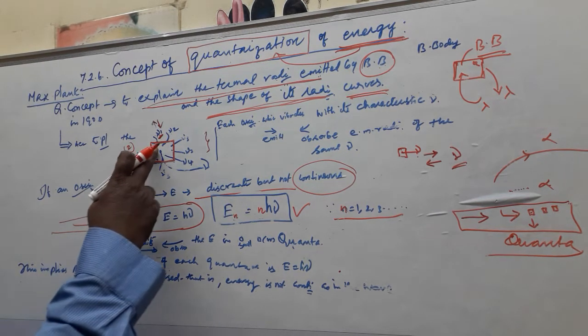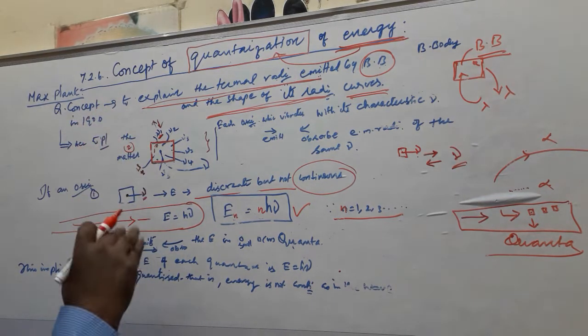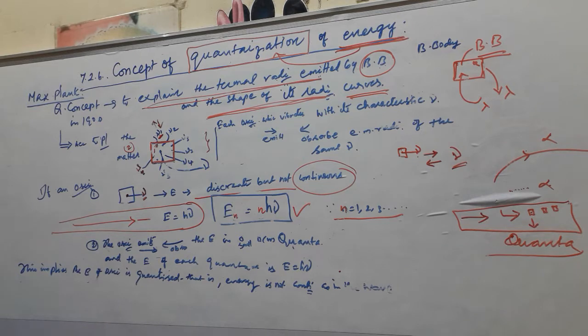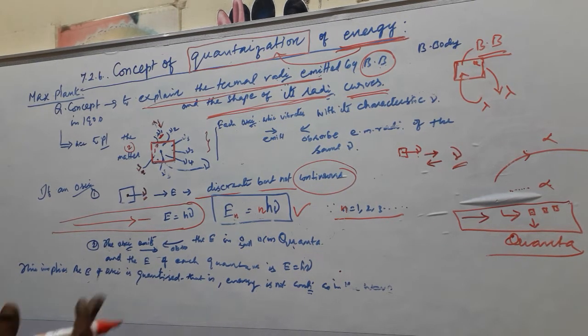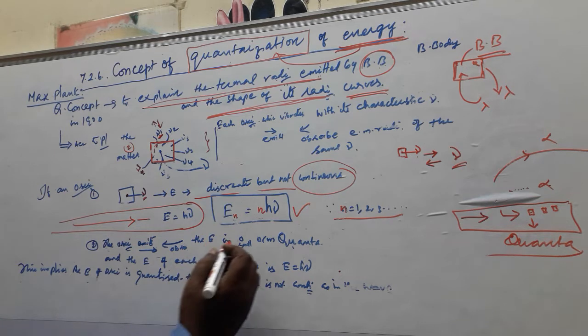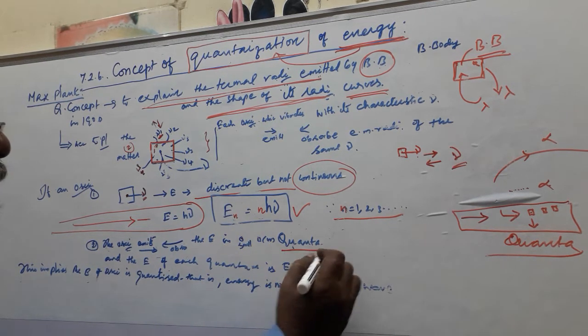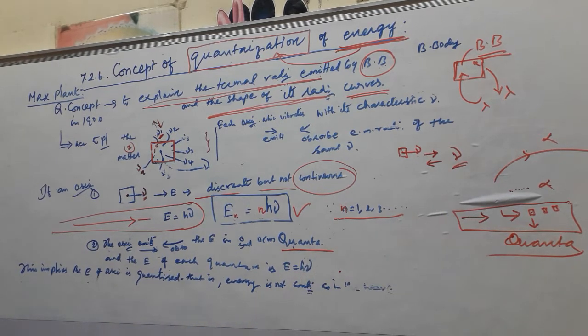The third final important concept he wants to explain is the oscillation or the oscillator. Whenever the oscillator is oscillating, there may be emission or absorption of radiation, of energy in small bundles like quanta, as I already told.